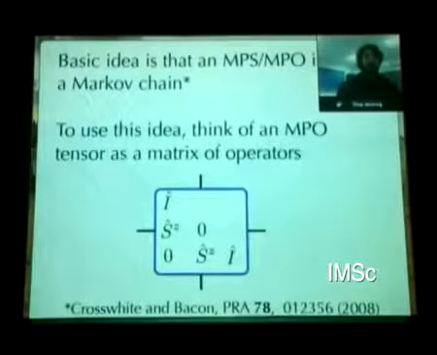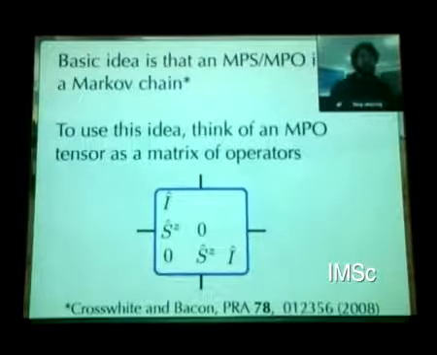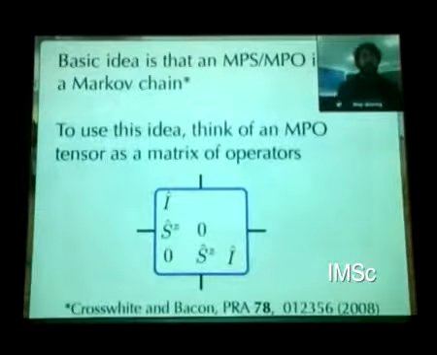We'll see what this means in some examples in a minute. But the idea here is that we want to think of one of these rank 4 MPO tensors as actually a matrix of matrices, a matrix of operators. So rather than thinking of it as some generic rank 4 tensor with four indices, we want to think first focusing on the left and right indices, then thinking about the top and bottom.